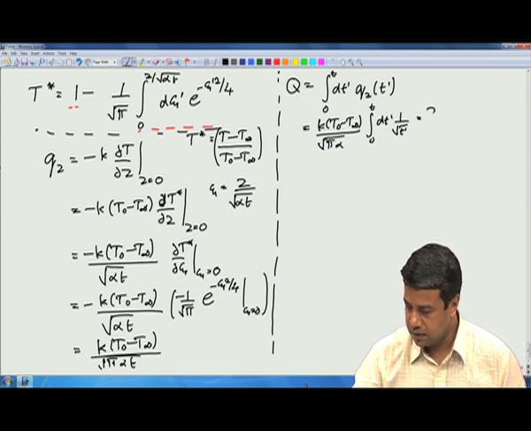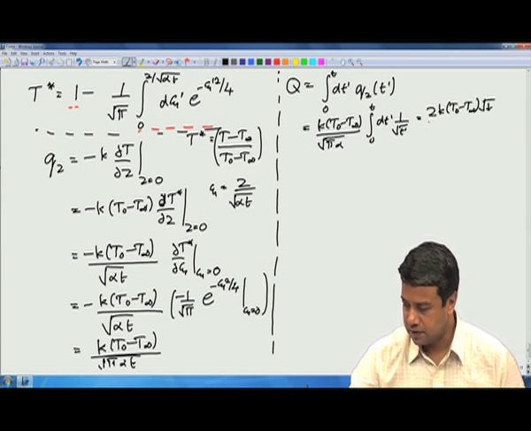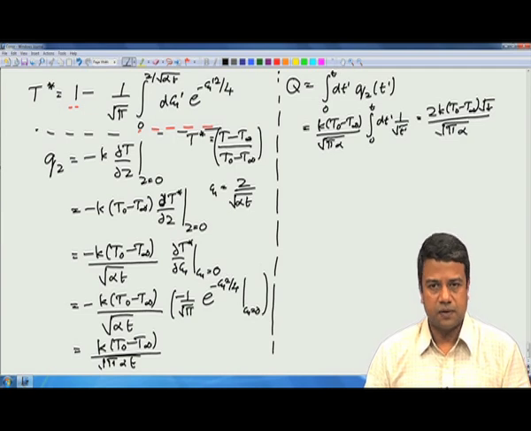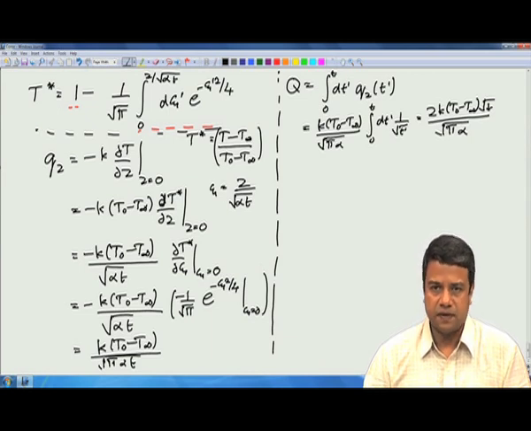So, I will get 2 k t naught minus t infinity square root of t, divided by root of pi times alpha. So, that is the total amount of energy that has emerged from the surface up to a time t, and that scales as the square root of t as time progresses.